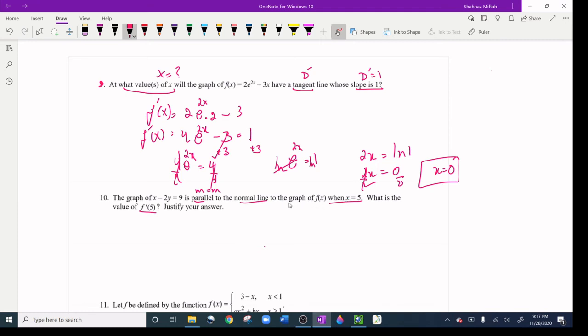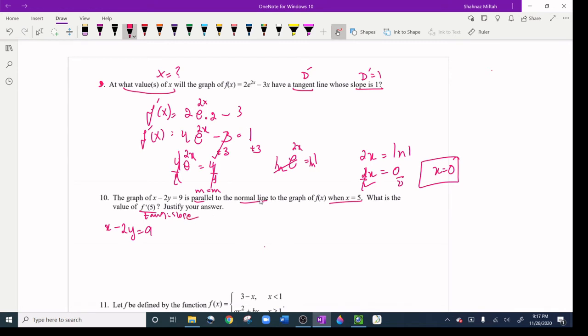So since this is the equation, as a normal line, I can change this to y equal mx plus b. If I couldn't change this into y equal mx plus b, then I would have to take a derivative and get the tangent slope and do the reciprocal of that. Since they're asking for f prime and the normal line is given, they're asking for a tangent slope.